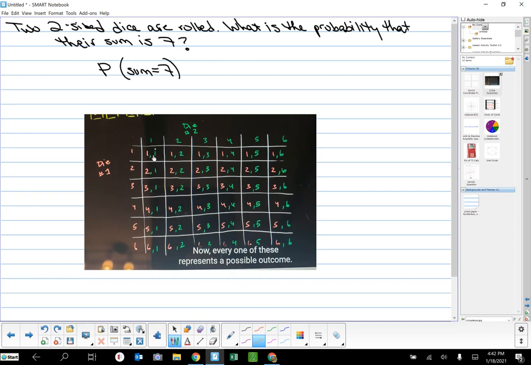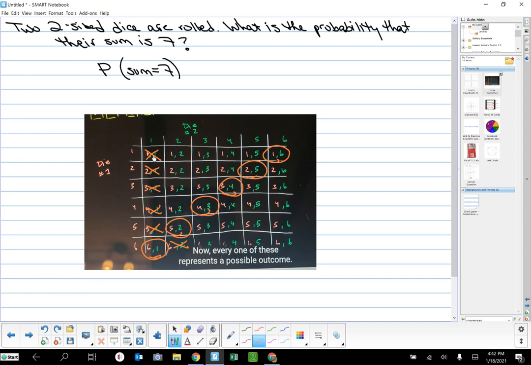Well, this one, for example, a 1 and a 1 is just 2, right? So that's not going to work. 3, 4, 5, 6. Well, here's a 7. This is an 8. Well, here's a 7. And if you look around, you'll see that the 7s go up in a diagonal, and nothing else in here makes 7.